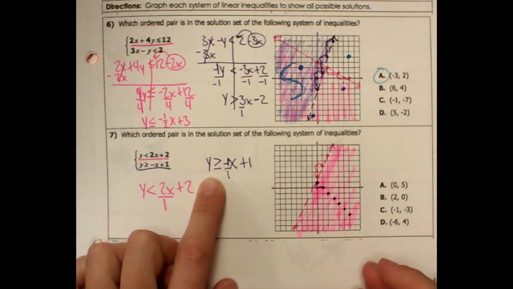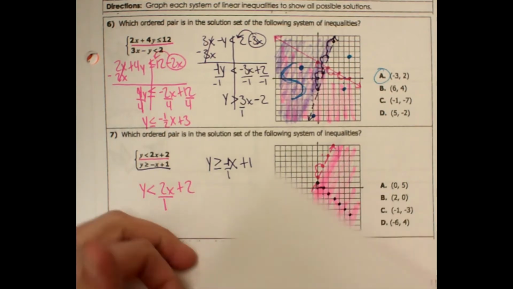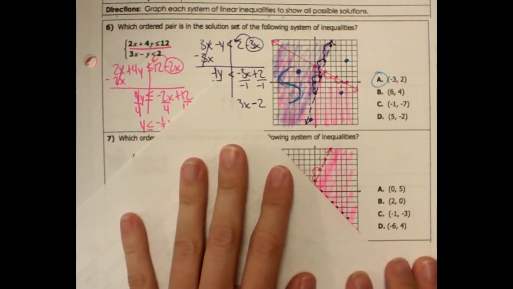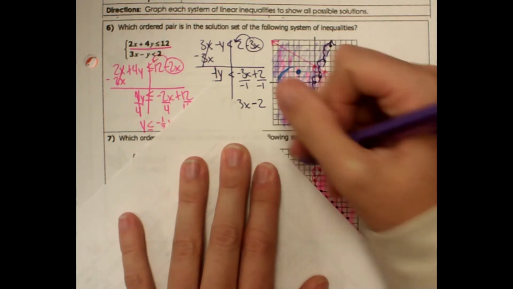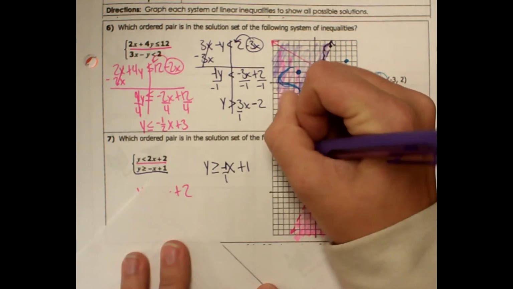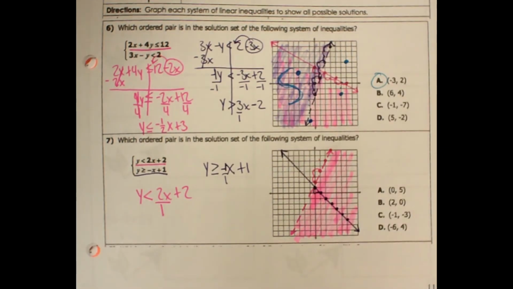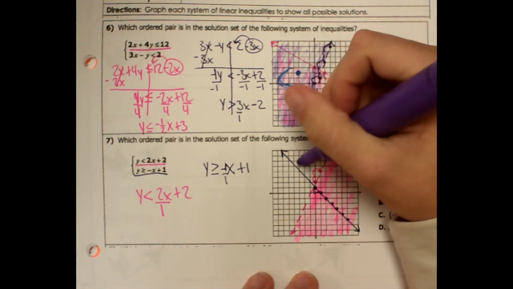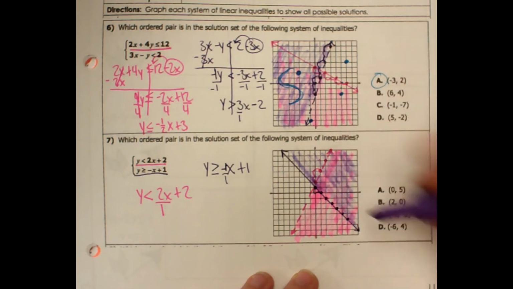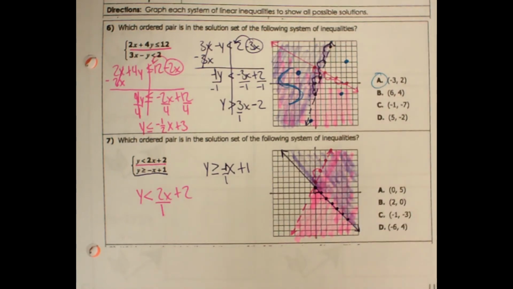Your symbol is y is greater than or equal to. If it's equal to, that means it is a solid line. So connect your points. Then you need to remember to shade the region. It's greater than or equal to, so we'll be shading up here. And now you can see where the purple and the pink are overlapping. Where the purple and pink overlap, that's your solution set.